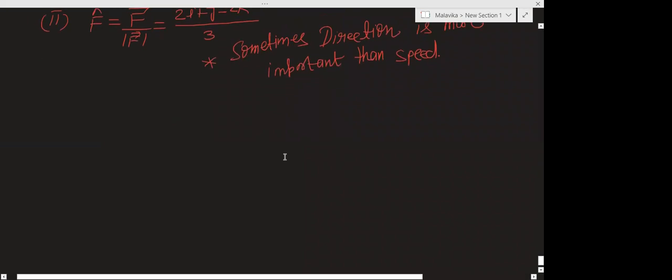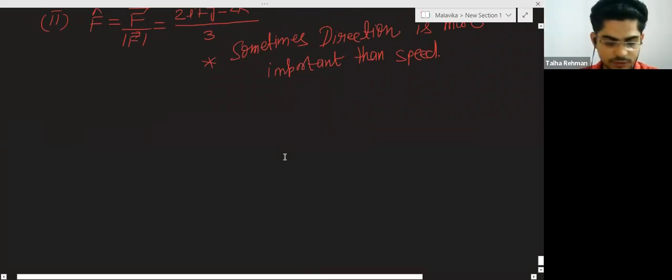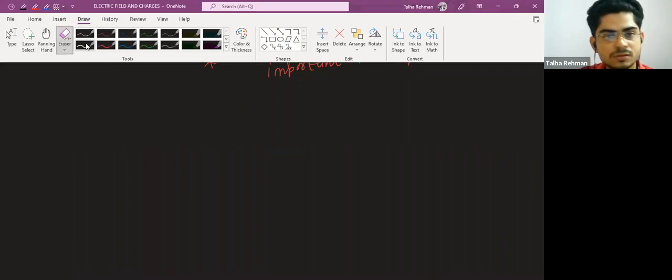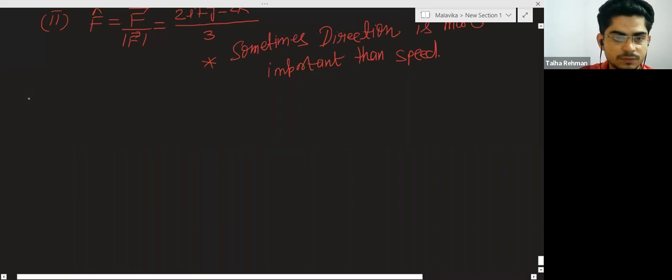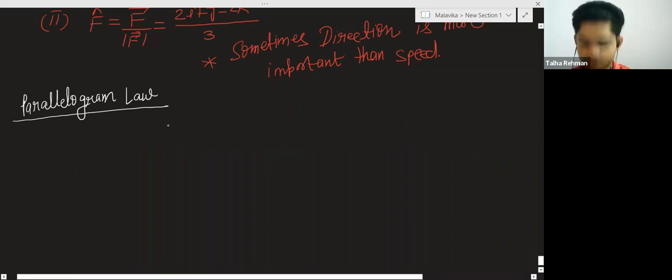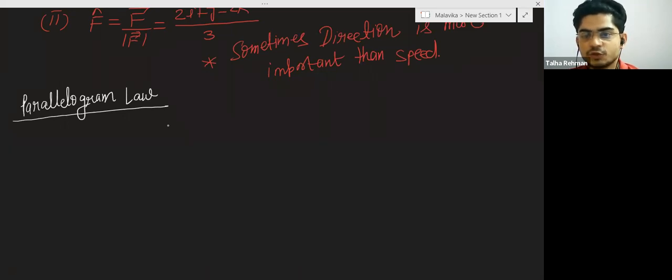So, parallelogram law. This law is for calculating the resultant of only two vectors.